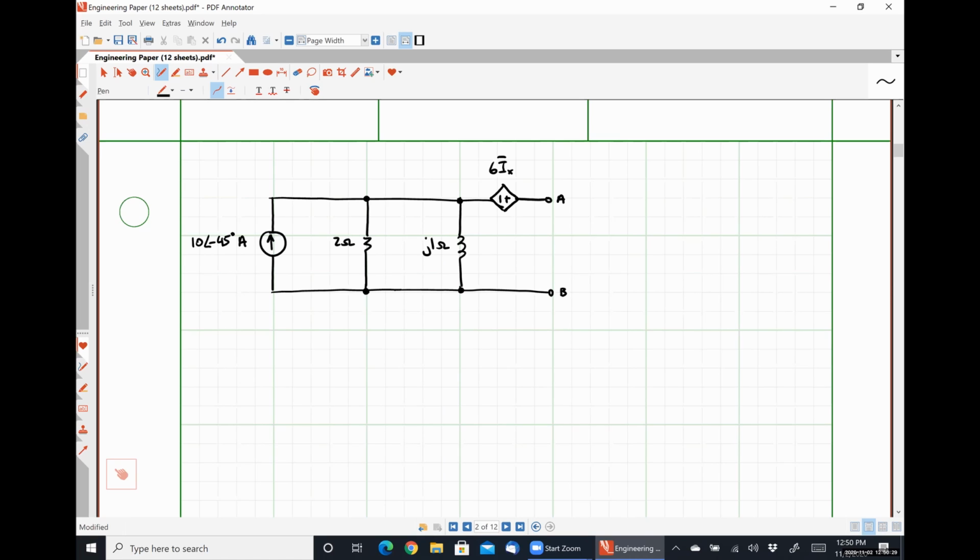I want to find the Norton equivalent circuit of this network, where this is my phasor current IX, right?